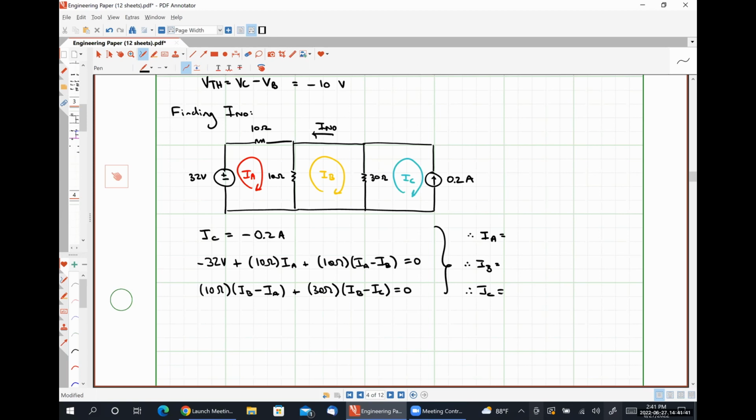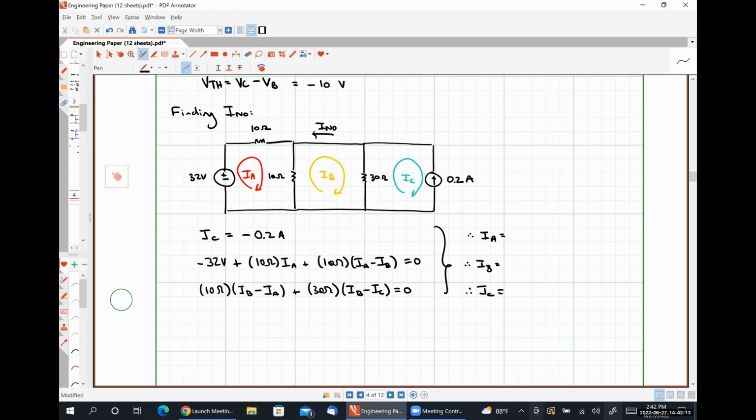I have negative 10 IB. I have 0 IC. And I have positive 32 as my constant. In my third equation, I have negative 10 IA, 10 plus 30 or 40 IB, and then negative 30 IC, and that will be equal to 0.